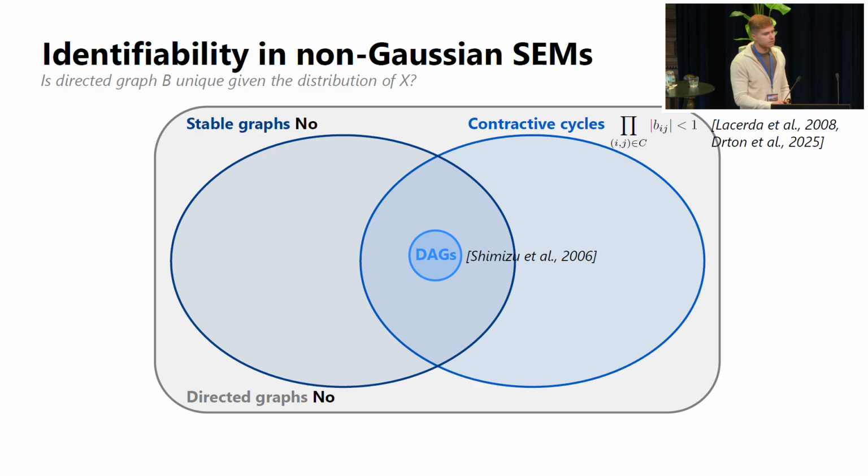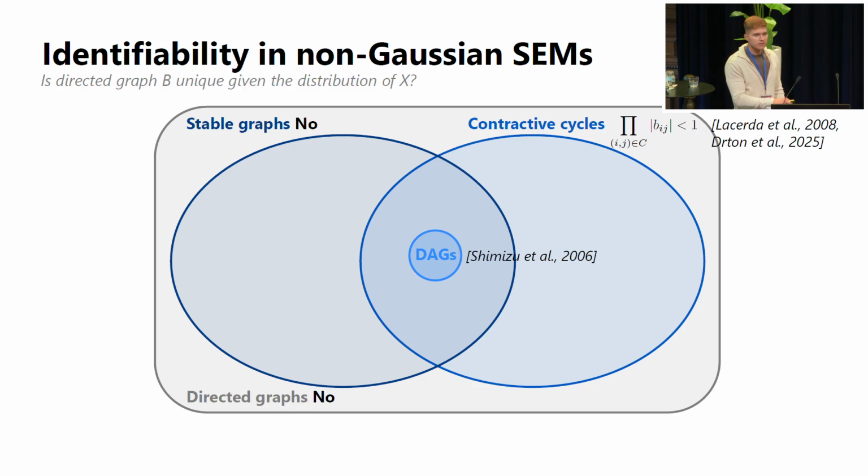These are graphs that have cycles whose product always has magnitude less than 1. So given this situation, if we could somehow impose contractive cycles in our optimization, we would be good to go. But this is a combinatorial constraint and rather a bit harder to impose.